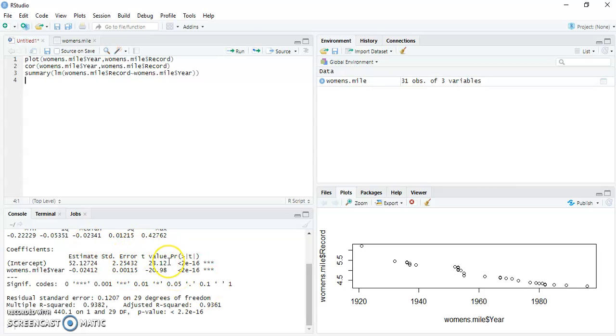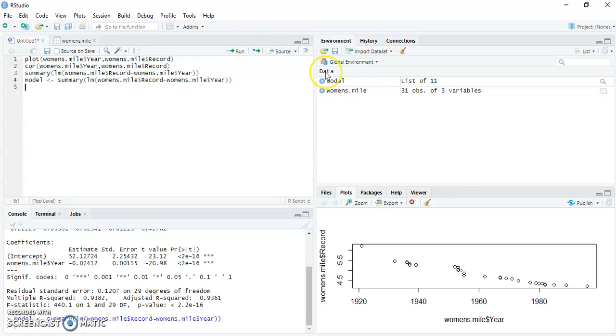Maybe at some point I would be, but if I just want to simplify my life and see the actual model, I'm going to create an object. I'm going to call it model, and inside I'm just going to put the same exact line of code. I'm going to turn that whole thing into model, and you can see that model appears here right underneath my data. It says a list of 11. It's going to store some stuff for me, and I just want to pull out the pieces of that.